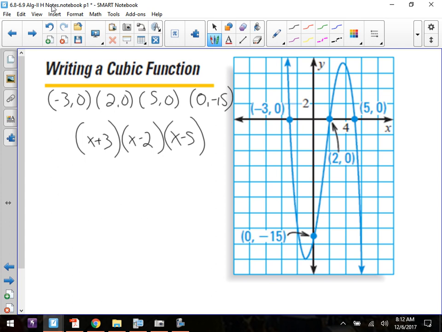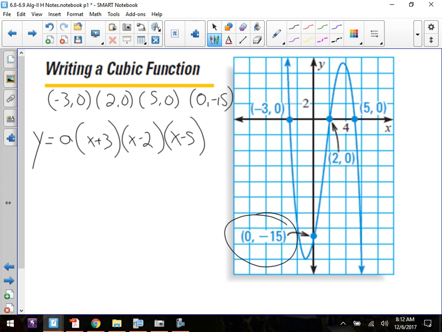But since I know a little bit more information, I know that there is another ordered pair out here at (0, -15). Which means I can figure out some common multiplier out front to generate some value of y. It should look eerily similar to what we did with quadratics, with just one less term.